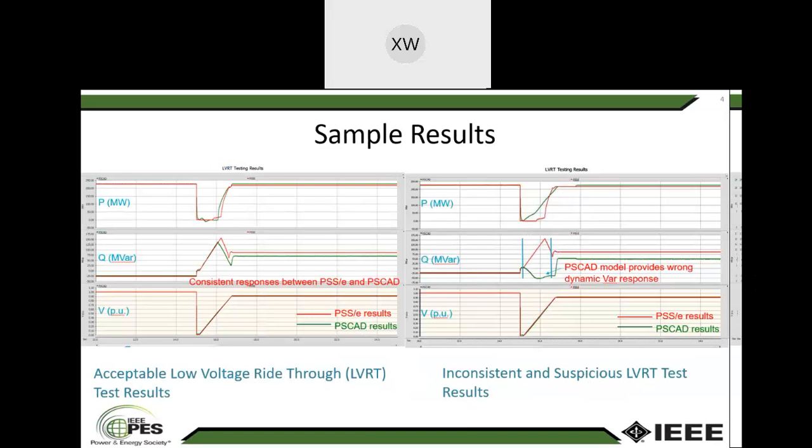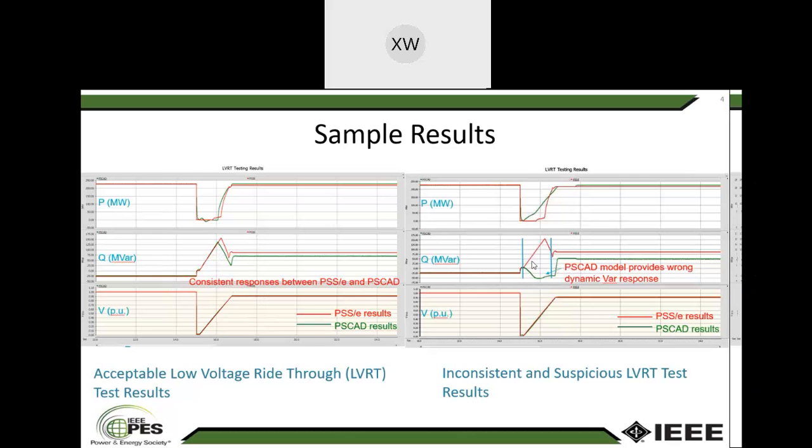Here are some sample results from using the tool to conduct the LVRT test. On the left-hand side, the PSSE and PSCAD models showed consistent responses in terms of P, Q, and the voltage at the POI.